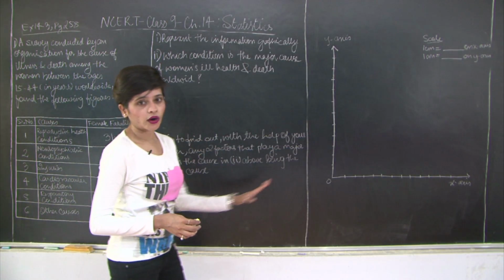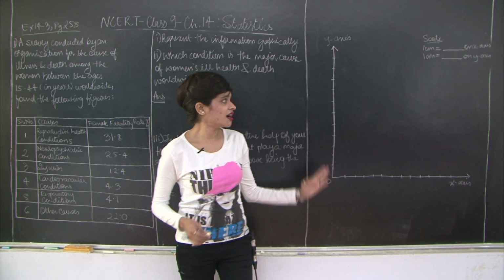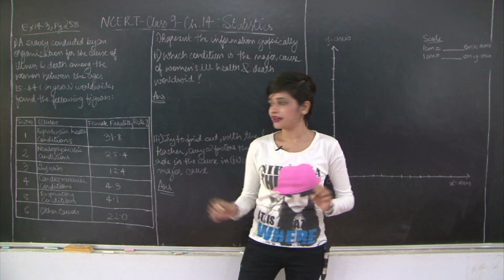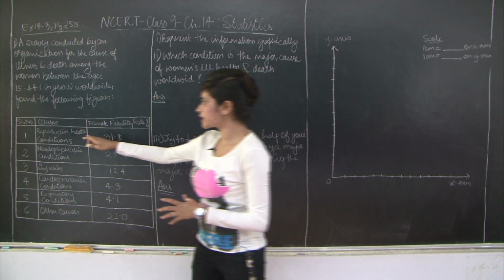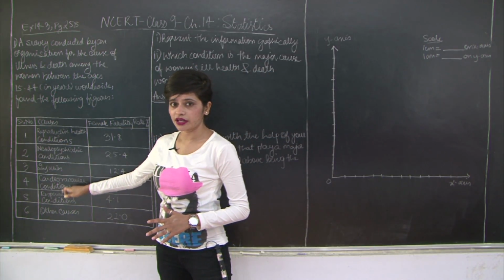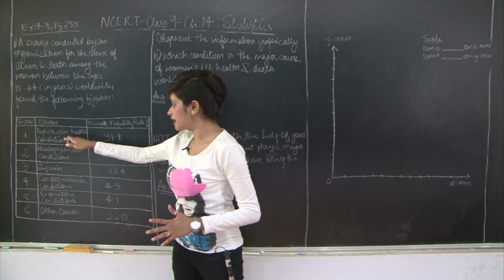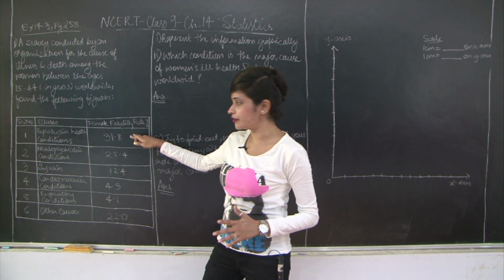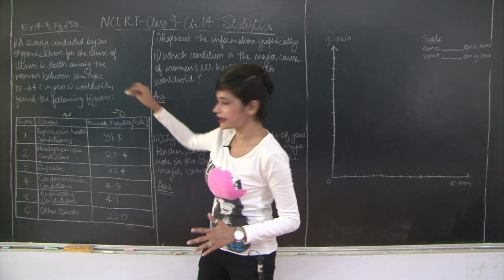So, I have my coordinate axes, the x-axis and y-axis meeting at the origin. I have my scale. Now, we need to plot the bars using the causes and female fatality rate. The causes are individual variables, unique values; these are the names of the variables, and these are the values of the variable. So, this will be on the x-axis, whereas this will be on the y-axis.